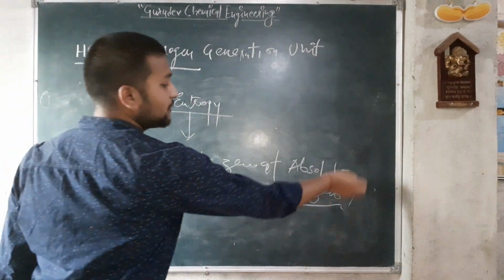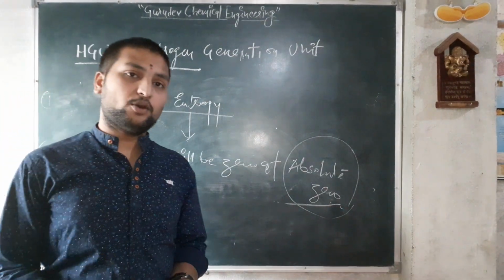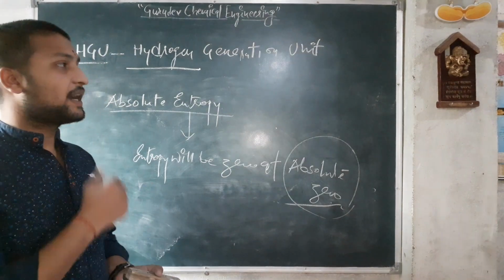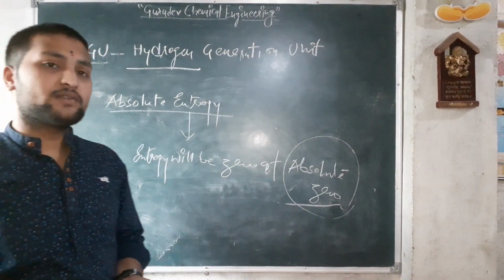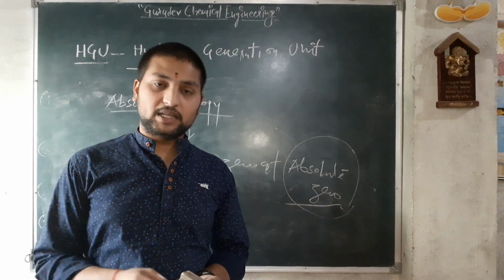So absolute zero we have already discussed. So this was the brief knowledge about the hydrogen generation unit and some of the words which are used in our chemical engineering as well as in the chemistry syllabus.